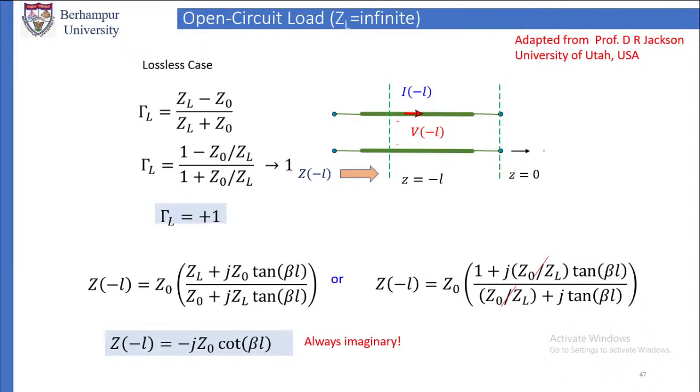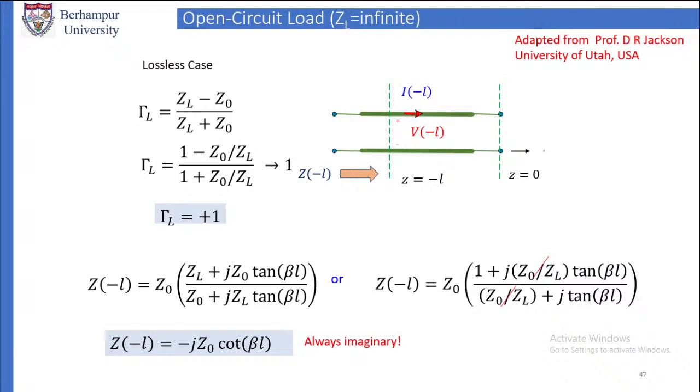Then gamma L is equal to 1 minus Z0 by ZL divided by 1 plus Z0 by ZL. Now ZL is infinity, therefore Z0 by ZL is 0. So gamma L is equal to 1 minus 0 by 1 plus 0. 1 by 1 will be equal to 1. So gamma L is equal to 1.